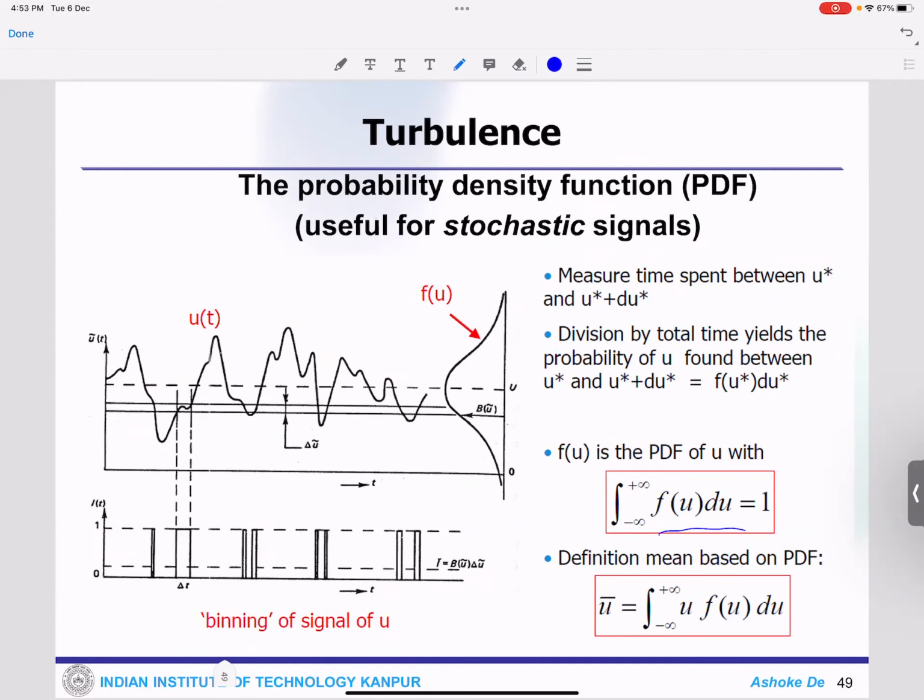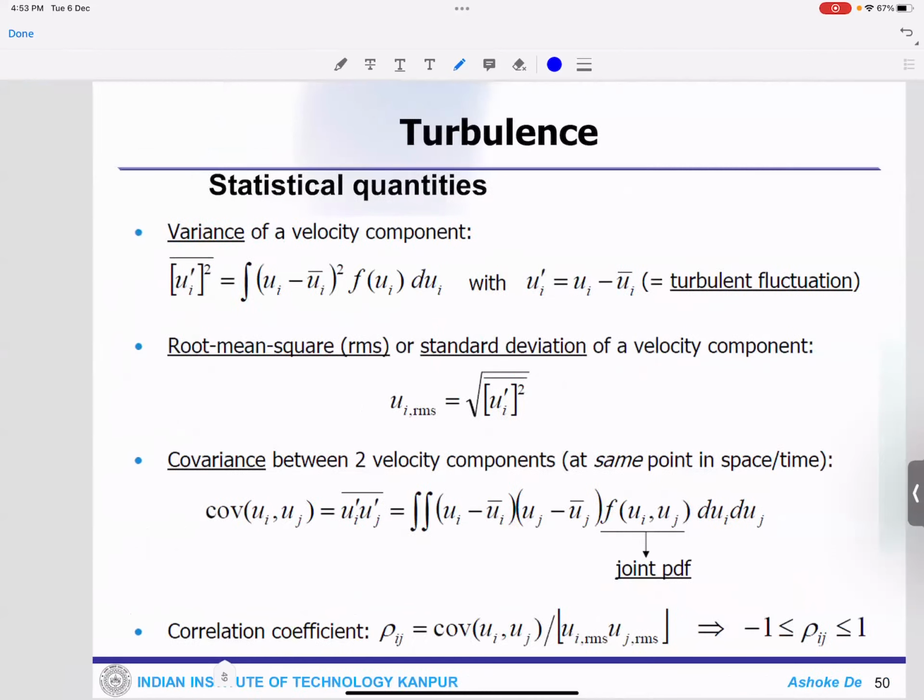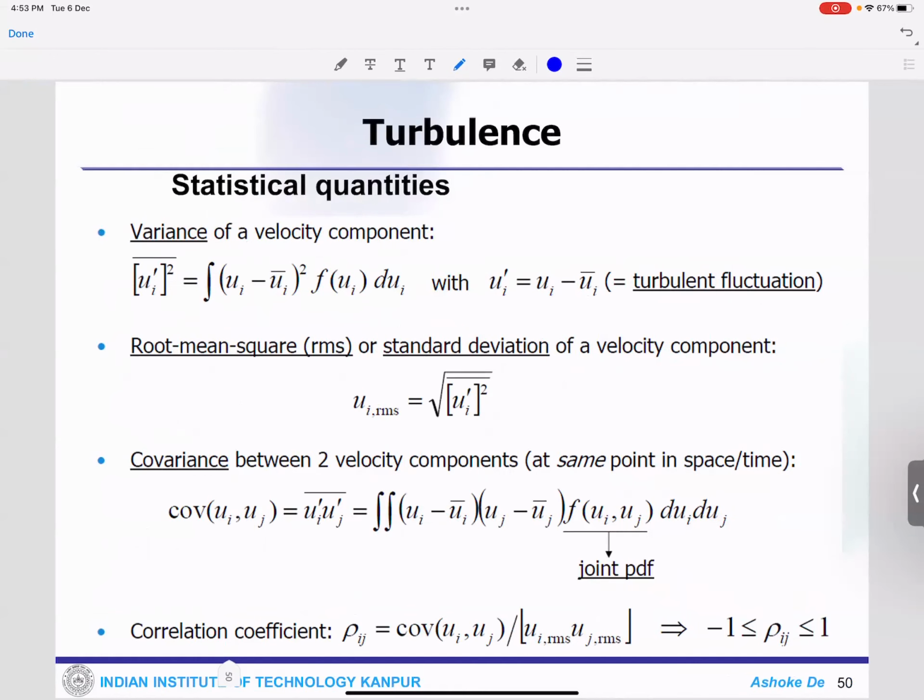The definition based on the mean PDF lets you get back the macro property of the mean flow field. If you have a probability distribution, it takes you over different intervals. For a given interval, what is the probability of a particular situation? Once you get this probability distribution function, you can find the variance and the RMS.